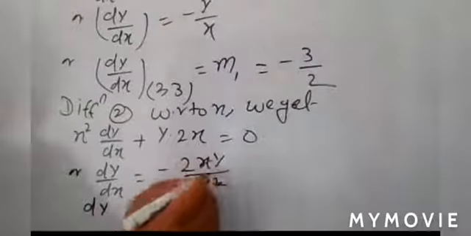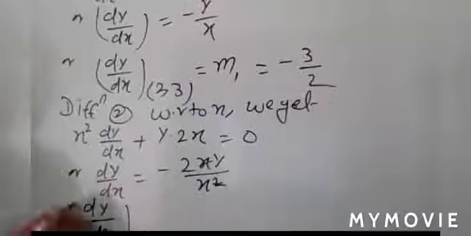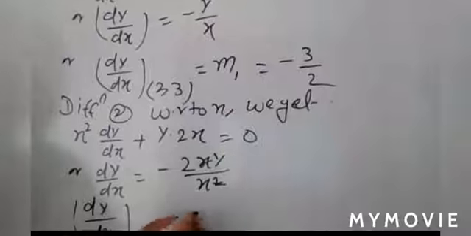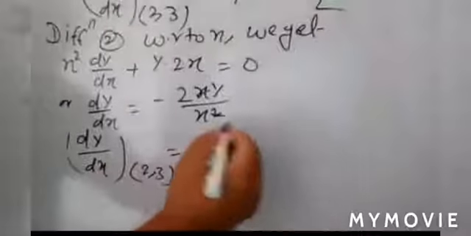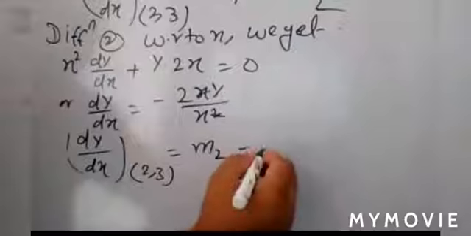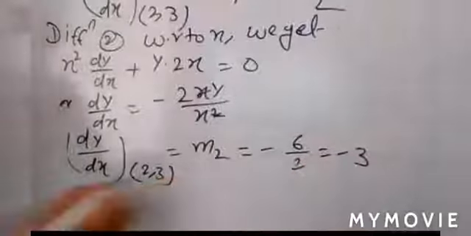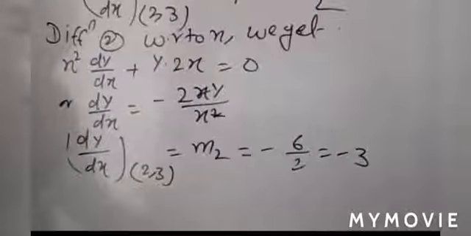Here x and x cancel out. The value of dy/dx at the point of intersection (2, 3) is taken as m2, which is minus 2y upon x, so minus 6 upon 2, that is minus 3. So here you have m2 as minus 3. Check it.